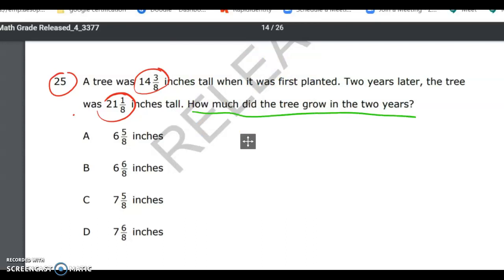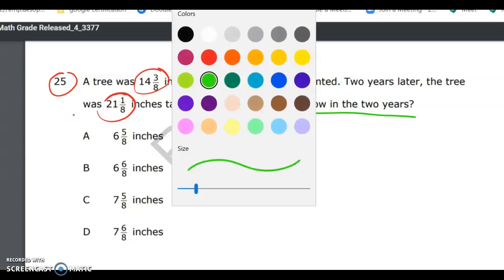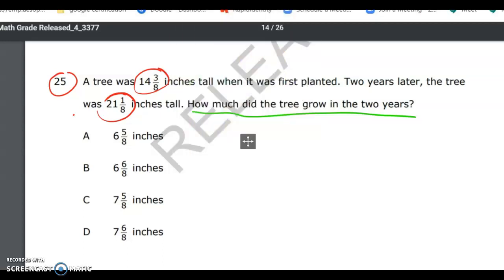All right. So what are some key words or terms that we should be paying attention to on here? Okay. So 2 years later. A tree was 14 3/8 inches tall when it was first planted. 2 years later, the tree was 21 1/8 inches tall. How much did the tree grow in 2 years? We have to keep looking at that 2 years again.